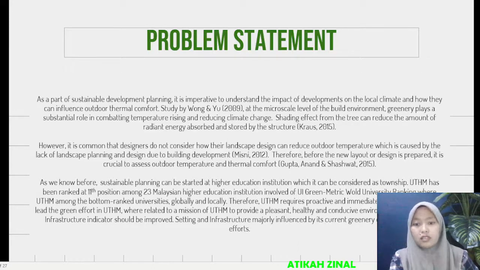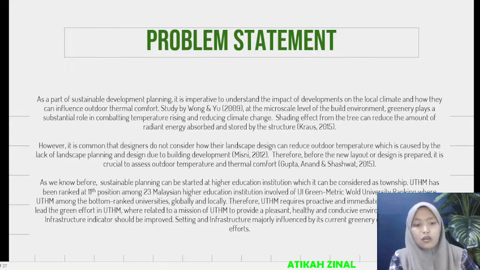Shading from trees can reduce the amount of radiant energy absorbed and stored by structures. However, designers commonly do not consider how their landscape design can reduce outdoor temperature, which is caused by the lack of landscape planning and design due to building development. Therefore, before a new layout or design is prepared, it is crucial to assess outdoor temperature and thermal comfort.